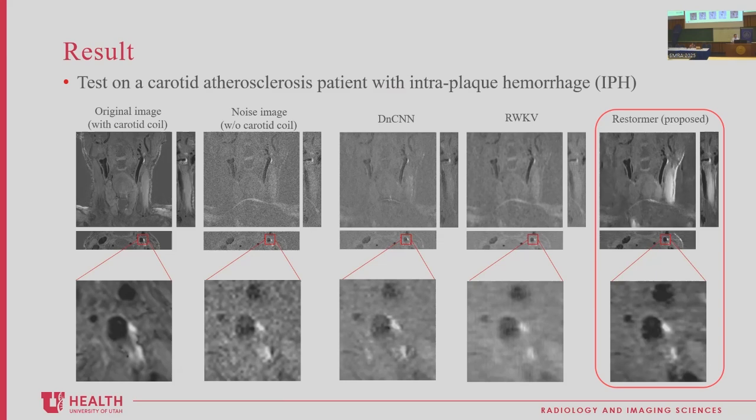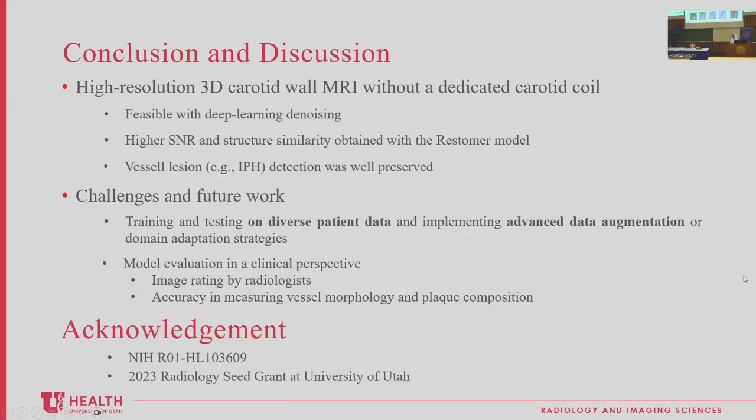If you look at the first image with the carotid coil and the last image with the denoising results, they seem to be pretty similar. In other words, with this denoising approach, you may actually be able to gain some signal and make a better quality image.